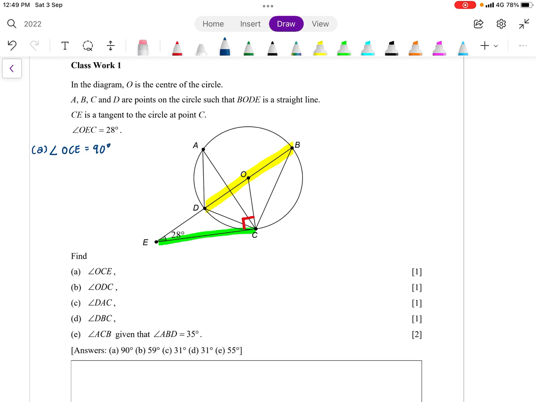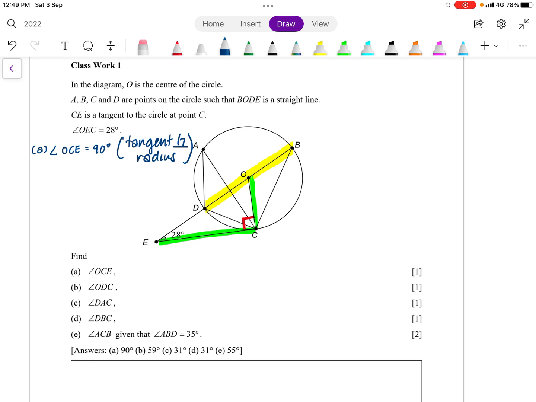The reason is tangent perpendicular to radius. Or radius perpendicular to tangent is the same. Okay, but you have to state reason even if it's 1 mark.